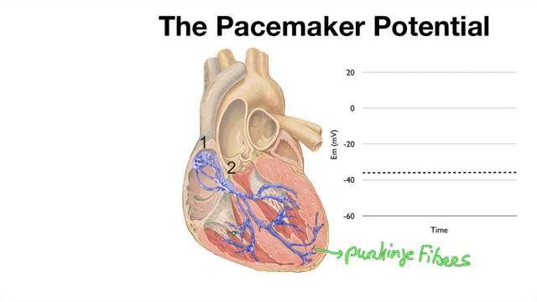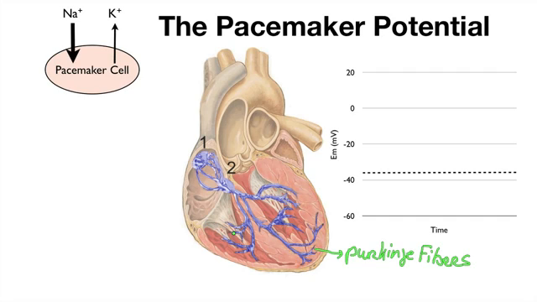We said that that functions as the pacemaker, so we're going to look at the pacemaker cells that we have in the SA node. What is special about these cells is that normally there's a significantly higher conductance for sodium than there is for potassium. Now, if you go back to episode 6, I talk about Donnan equilibrium and driving force, and I show how there's normally a driving force for sodium to rush into the cell.